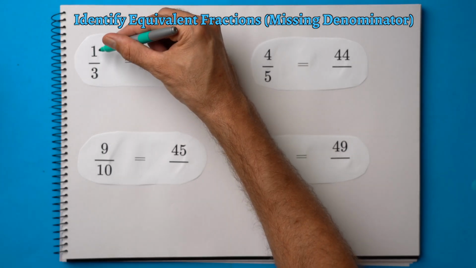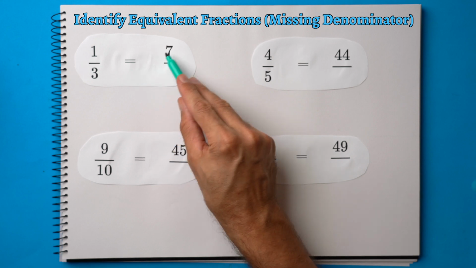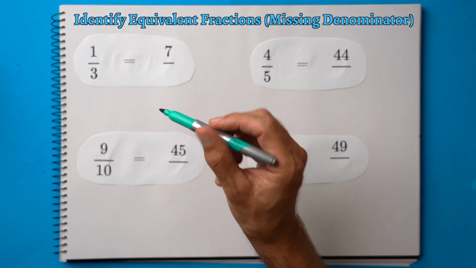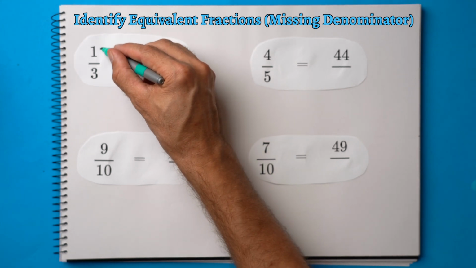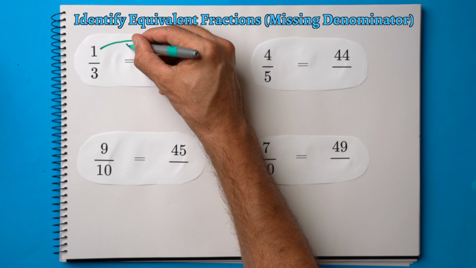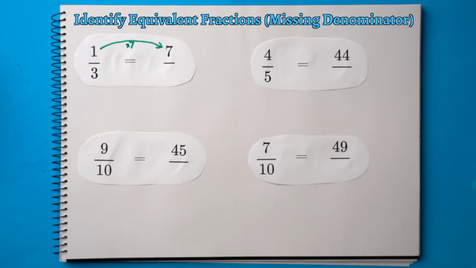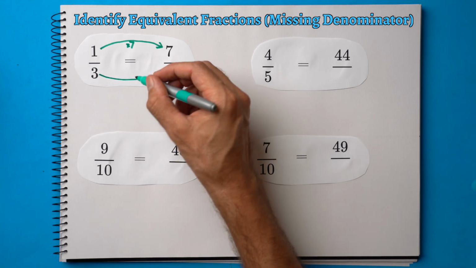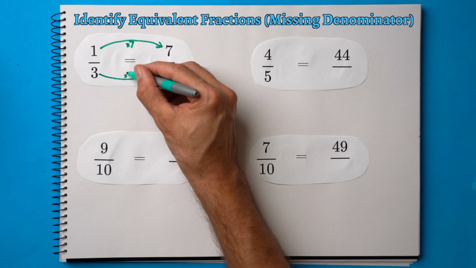I'm going to go, okay, so I've got 1/3 is the same as 7 over, we don't know what. So let's have a look. So if we've gone from 1 piece to 7 pieces, then we've multiplied by 7. And therefore, the size of the pieces also has to be multiplied by 7.